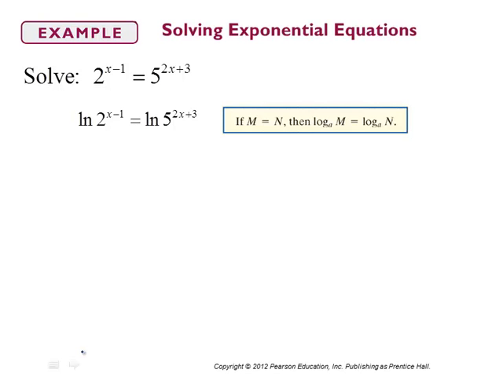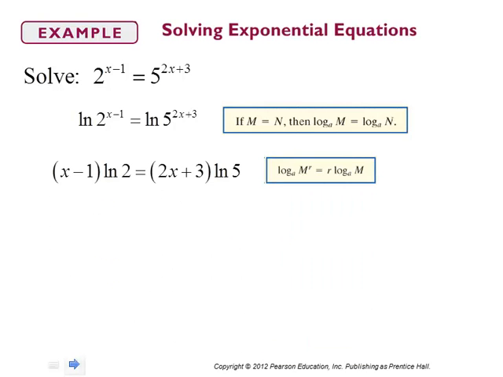So natural log is a good choice. And then those exponents will come down for each of those logarithms. That exponent of x minus 1, for example, for the left-hand side will come down as a multiplier of x minus 1. And that exponent of 2x plus 3 will come down as a multiplier.